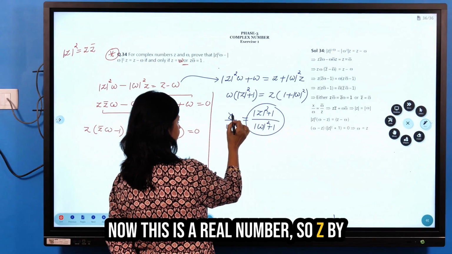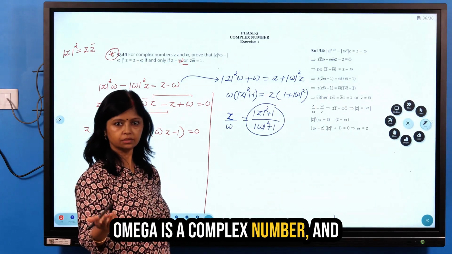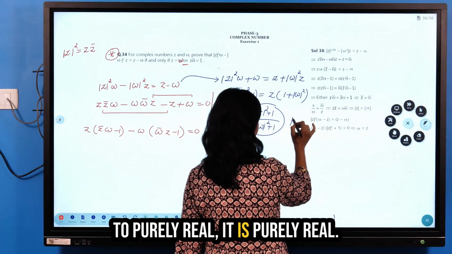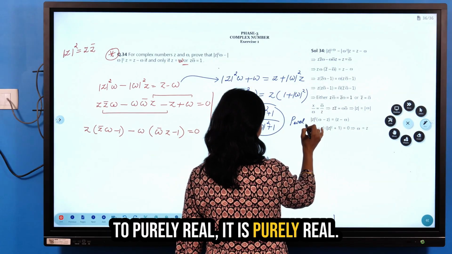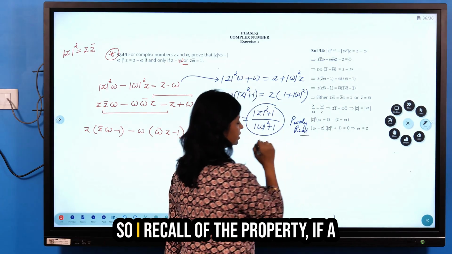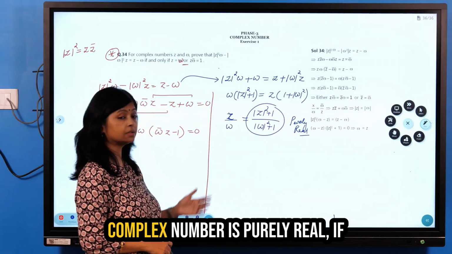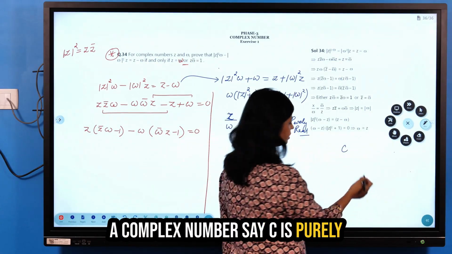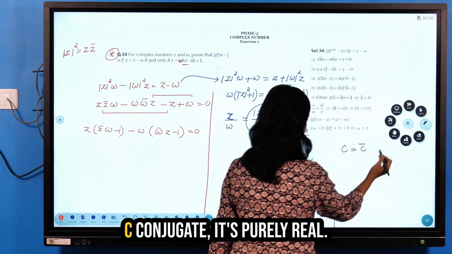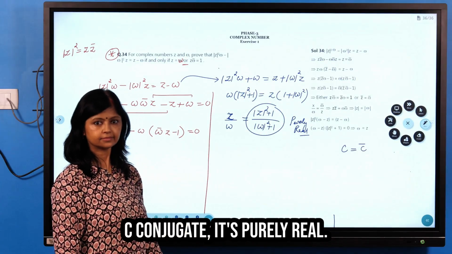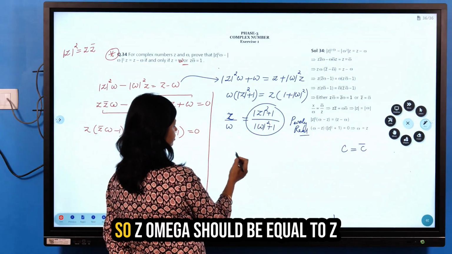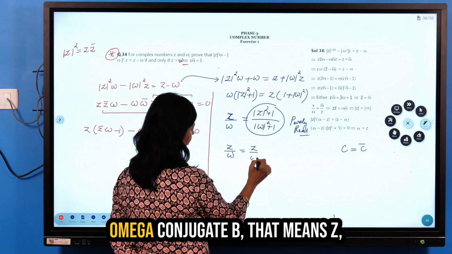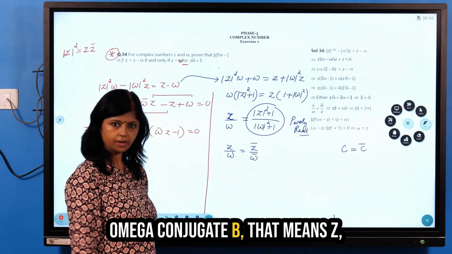So z by omega is a complex number, and if it is purely real, recall the property: if a complex number C is purely real, that means C is equal to C conjugate. So z by omega should be equal to z by omega conjugate.